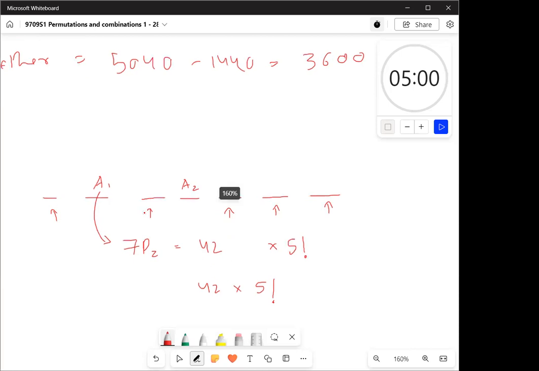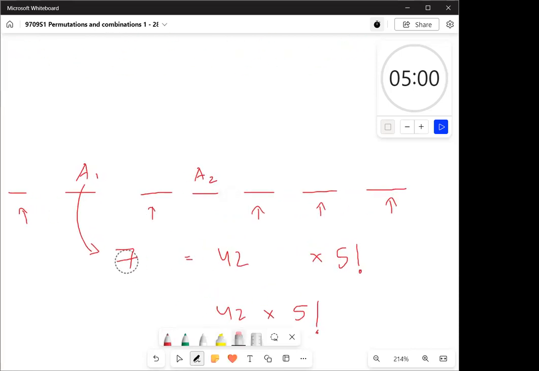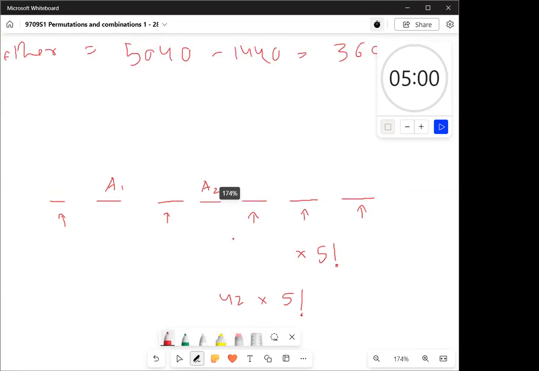Now, one thing is, this cannot be 7P2. The thing is, we only have how many places it can be in? It has to be separate, right? So there must be a gap in the middle always.